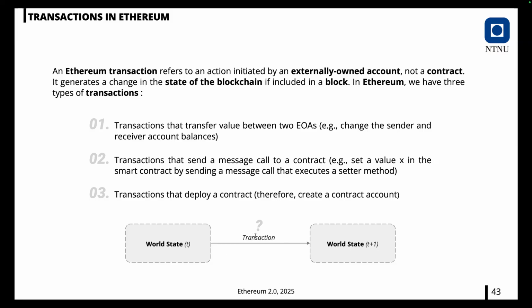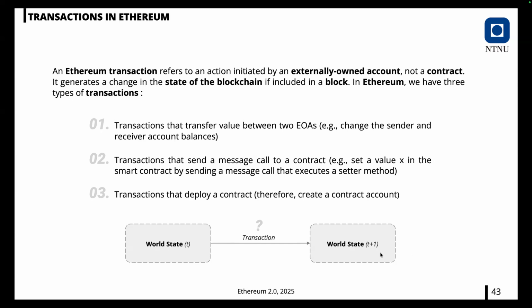So then every transaction changes the world state. So every transaction which gets broadcasted and gets included in the blockchain is sort of like potentially changing the world state. And you have the world state before the transaction and the world state after the transaction, right? Can you have a transaction which like actually does completely nothing?